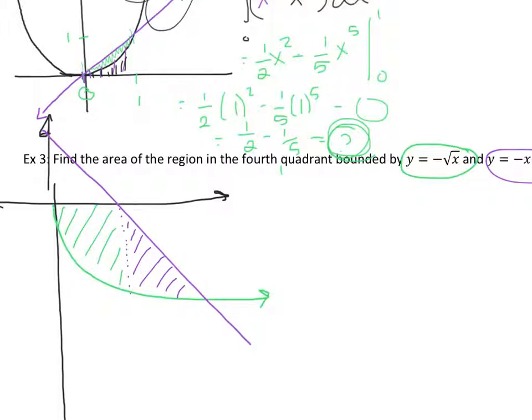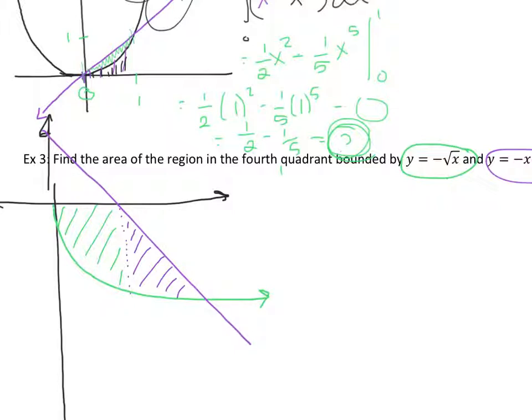That purple region uses both the curves you're given, whereas the green region only uses one of the curves. Because we're using one curve in one part of my integral and two curves in the other part, we're actually going to have to count both of these areas separately.